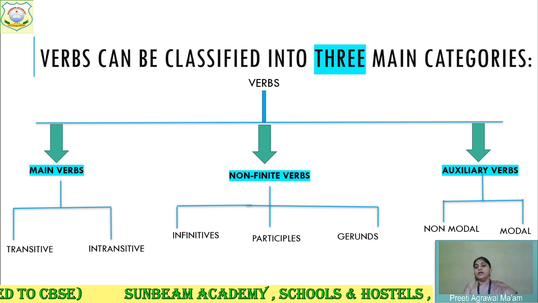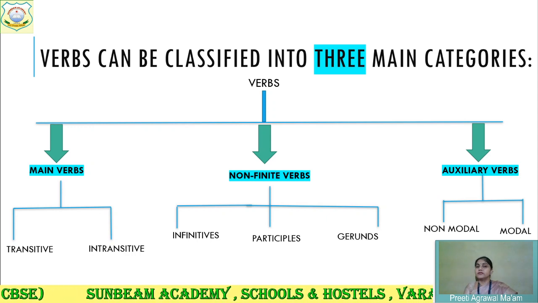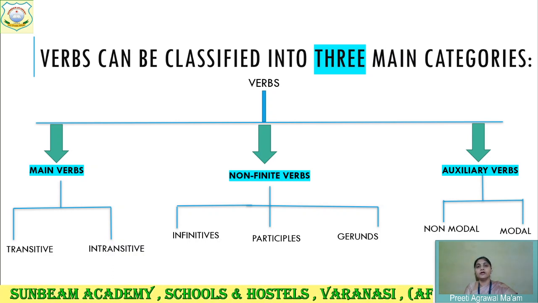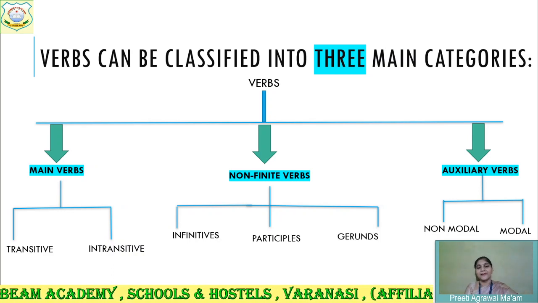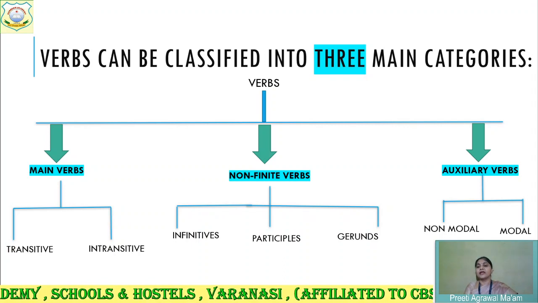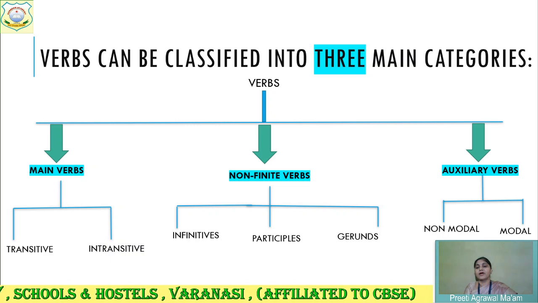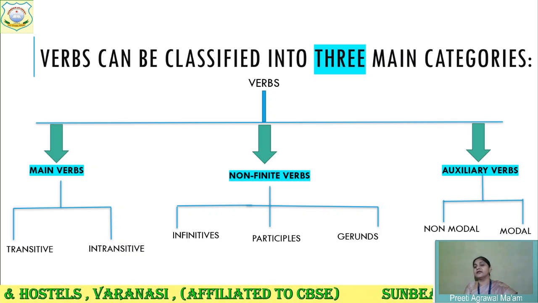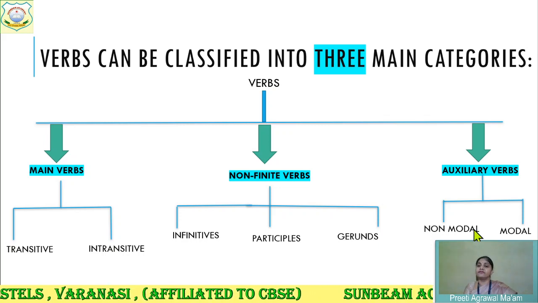Clear? Modals. Modals, you all know. Shall, should, will, would, can, could, may, might. These all you have read also. Okay. So those helping verbs are called your modals and those come under the category of auxiliary verbs.